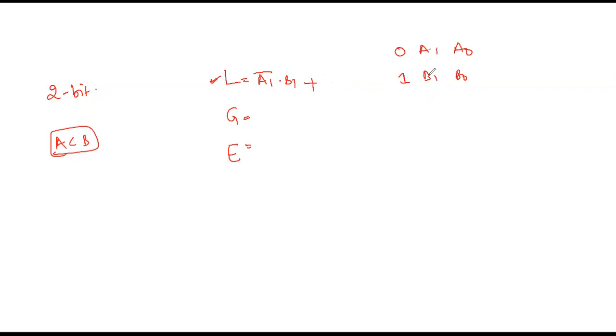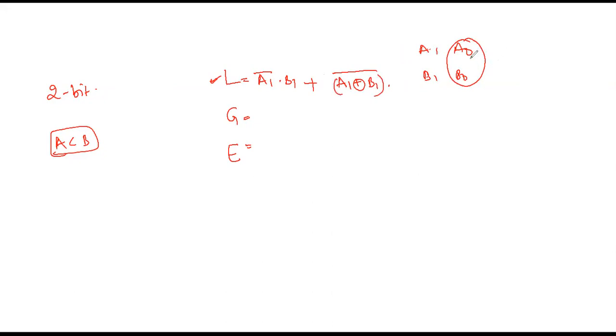And if A1 B1 are equal, then we'll decide the magnitudes depending upon A0 B0. When A1 B1 are equal, equal means X NOR. So A1 X NOR B1. Then we look for A0 B0.